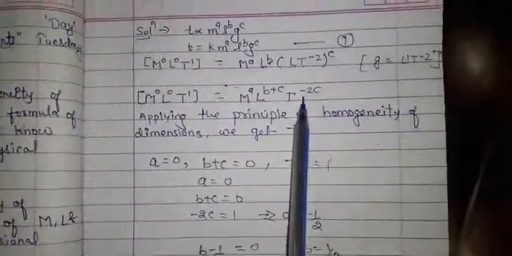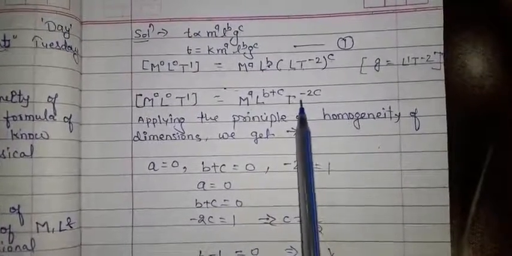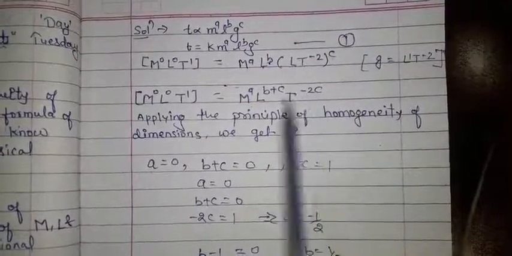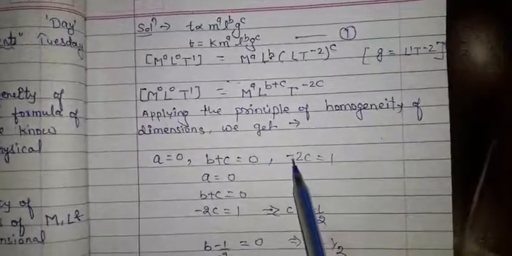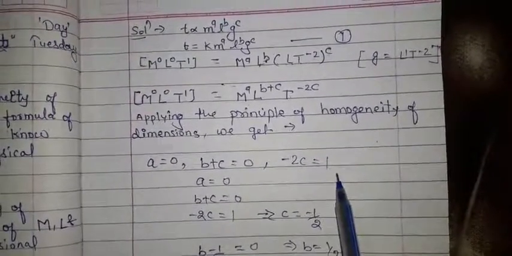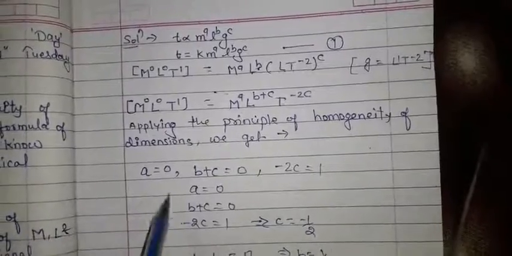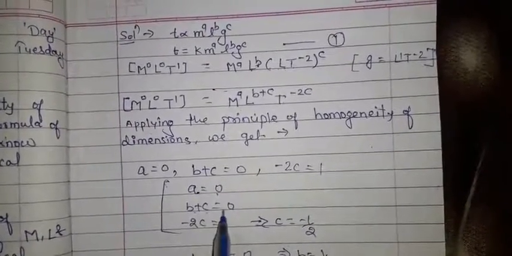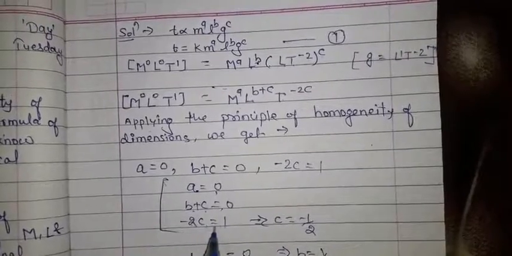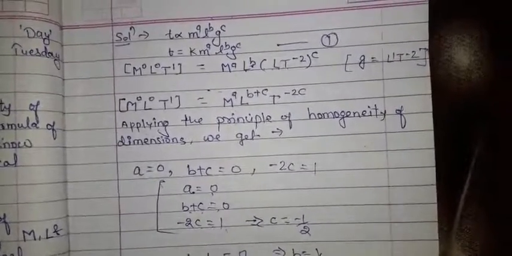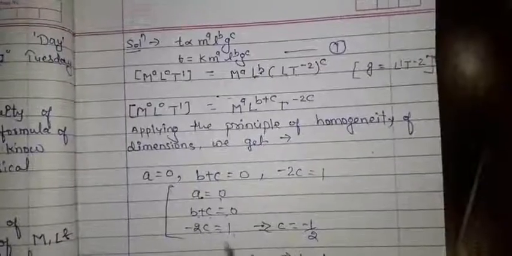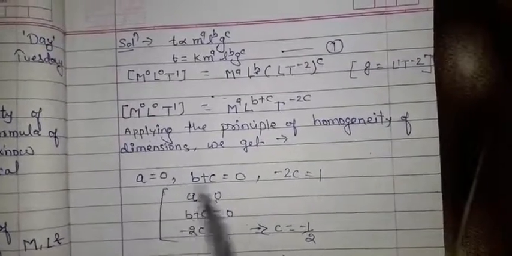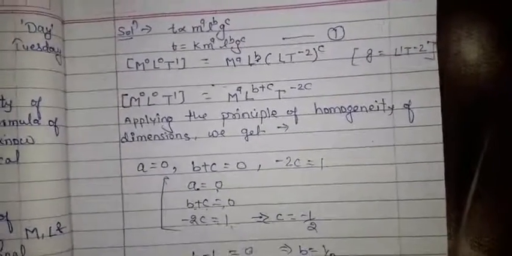And what is T minus 2c equal to? 1. So I write minus 2c equal to 1. Okay, so if I write in this order, a equal to 0, b plus c equal to 0, and minus 2c equal to 1. So we want to find the value of b and c because a equal to 0, so we want to find b and c.